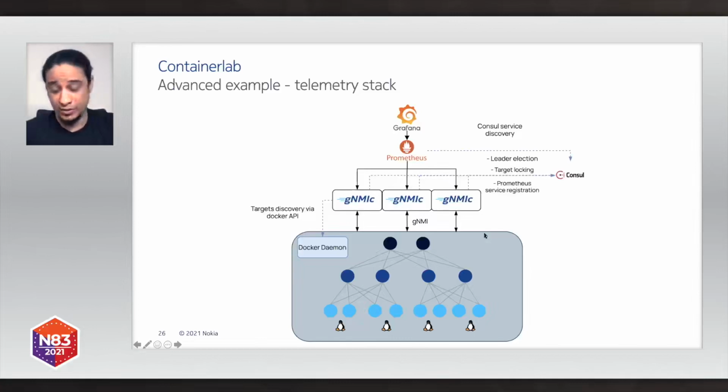Grafana is also part of this lab, and Grafana boots with Prometheus as a data source pre-configured, and a few dashboards that are preloaded. There are also 4 clients, Linux images connected to the leaves.